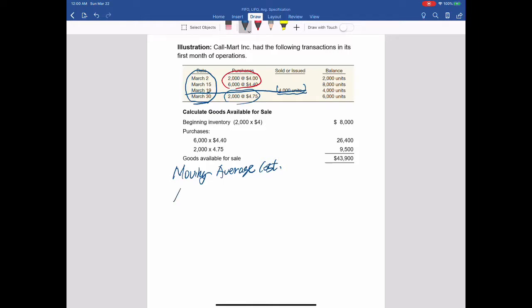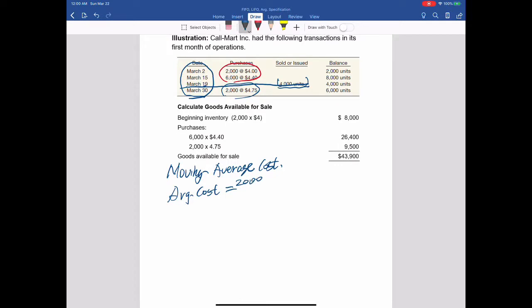So let's first calculate the average cost. The average cost is 2,000 multiply 4 plus 6,000 multiply 4 and 40 cents, divided by 8,000 units. So the average is $4.30. So the cost of goods sold now we can calculate, 4,000 multiply $4.30.